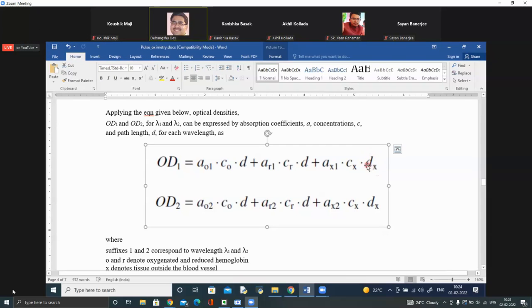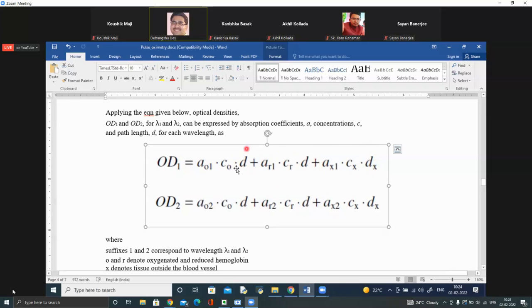But what happens is that whenever the heart pumps, this D, the thickness of the blood vessel, changes. Because of the inrush of blood, the diameter increases. So D increases.